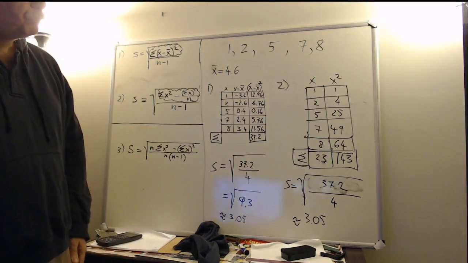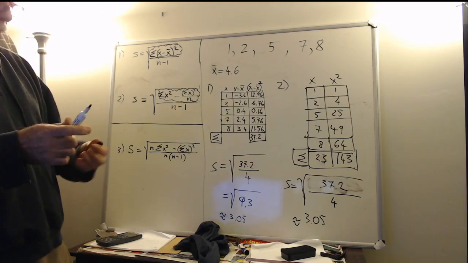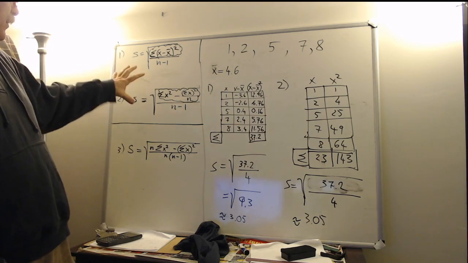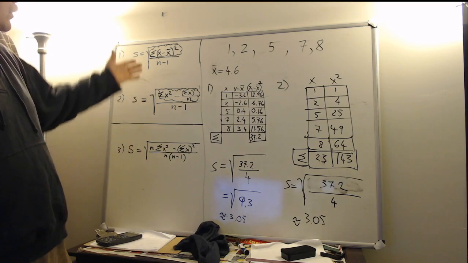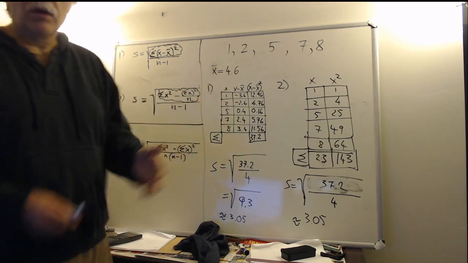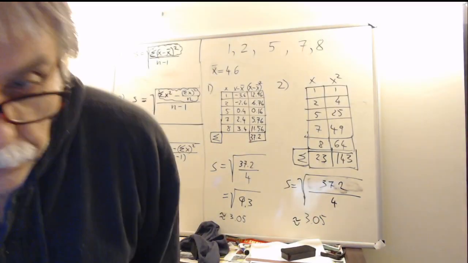Okay? I think this formula is pretty good to use. This one is in the textbook. You can use this one too. You can also use this one, but you're going to have a little more calculation to do. Okay, that's the story about calculating sample standard deviation.